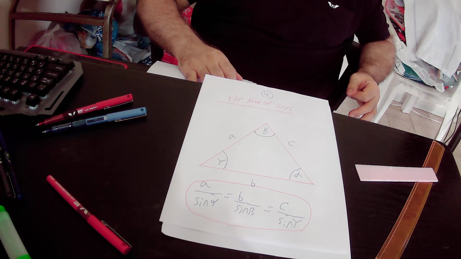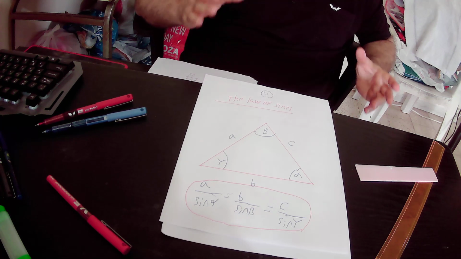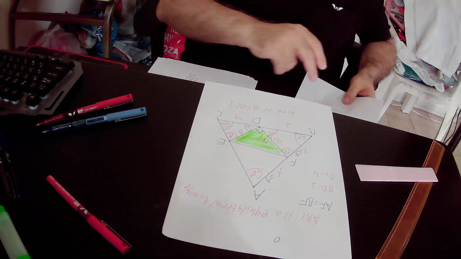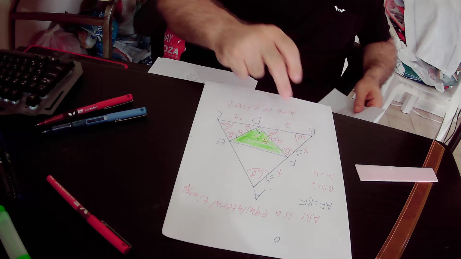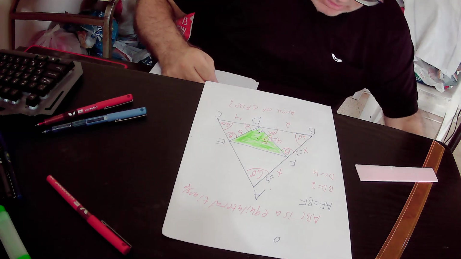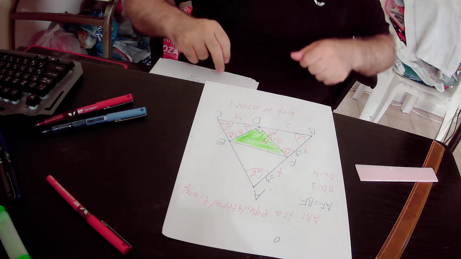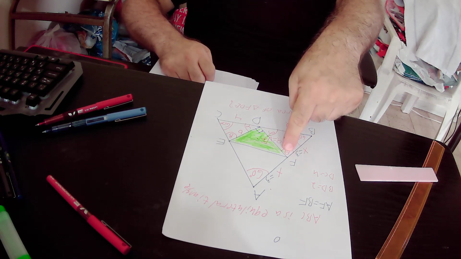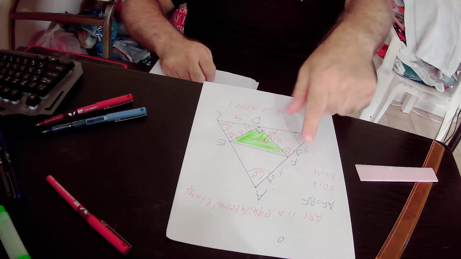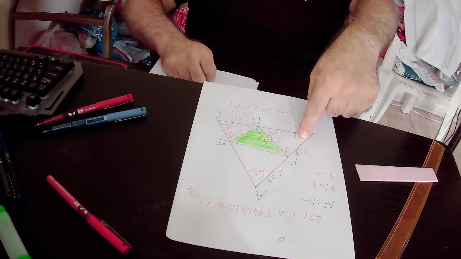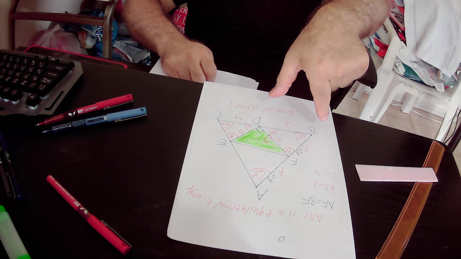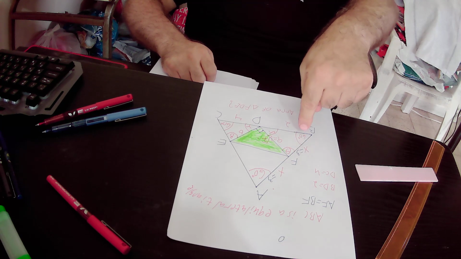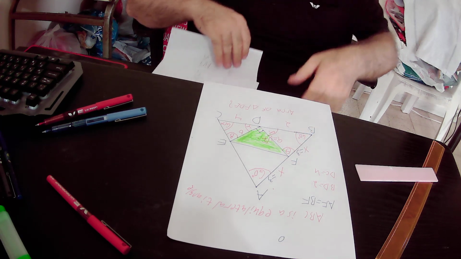According to the law of sines in the small triangle FBD, BD over sine theta equals FD over sine 60 degrees.